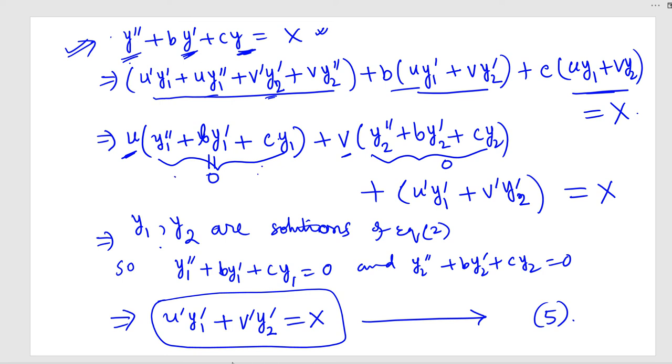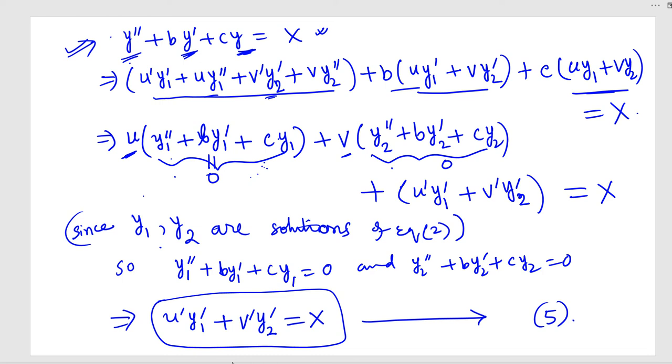Now you can see that we are getting the ordinary differential equation from equation 2, and this is 0. Again, this is 0, since y1 and y2 are solutions of equation 2, where the right hand side was 0, the complementary function.